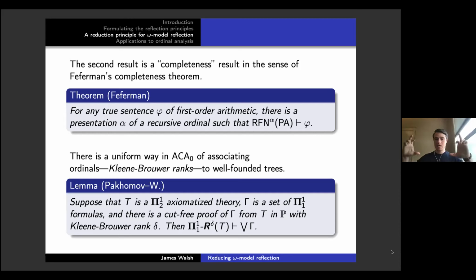This is a well-founded proof, so it has some Kleene-Brouwer rank, delta. Then the claim is you can also prove gamma, just in first order logic, by iterating pi11 reflection, starting with T, up to delta. That's the claim. So what's going on is, in the proof of this lemma, we show that roughly the applications of the omega rule can be replaced with iterations of pi11 reflection. So that's the idea.